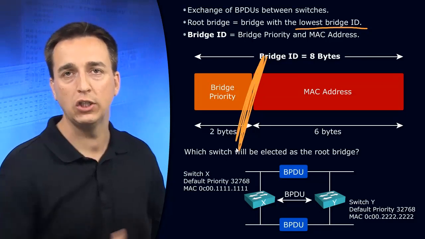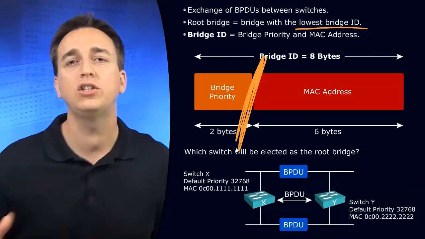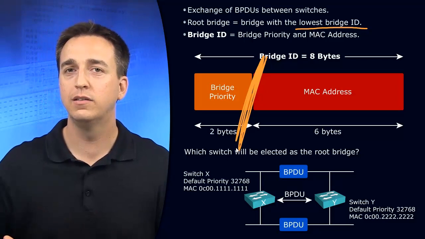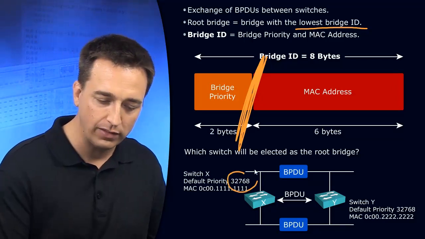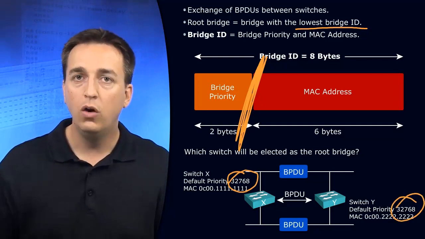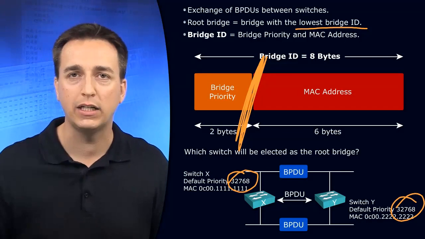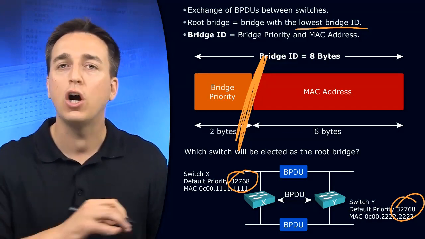Bridge priority is looked at first. Which of these two switches have the lower bridge priority? Well, they're tied. You see that? 32,768, that's a tie. With spanning tree protocol, ties are not acceptable.